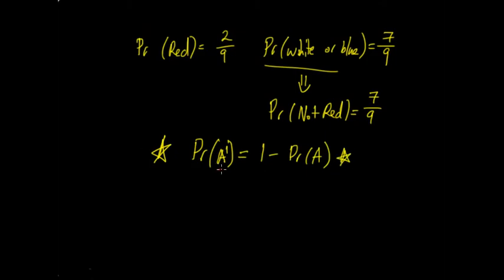Now, this A dash means not A. So it encompasses everything in the set that isn't A. So this is an important formula. And then you could do it the other way around: the probability of A equals 1 minus probability of A dash. But typically you already know the probability of A and you want to know the probability of A dash. So you can use this formula to calculate it.